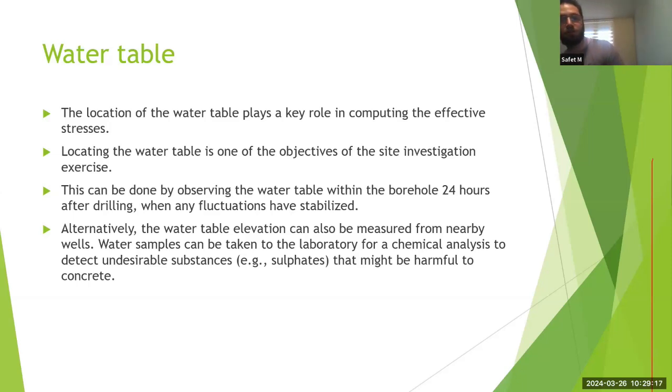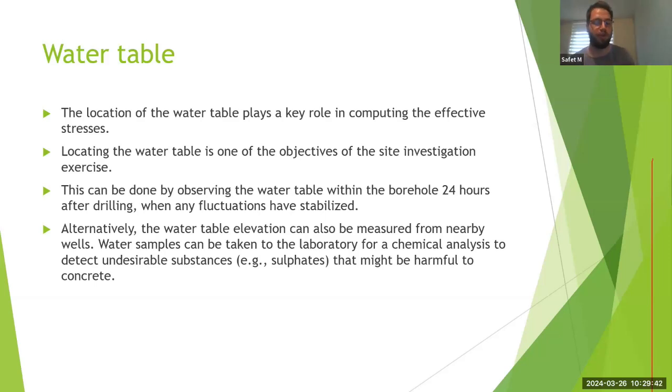Also, it's important to have water samples. We would take water samples to the lab to do some chemical analysis, especially for the aggressivity to concrete, if you're going to have foundations that are, at any time in the design life, going to be in contact with water.